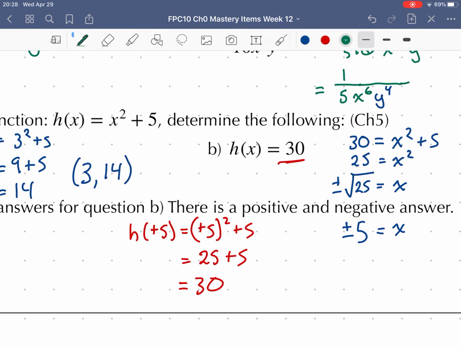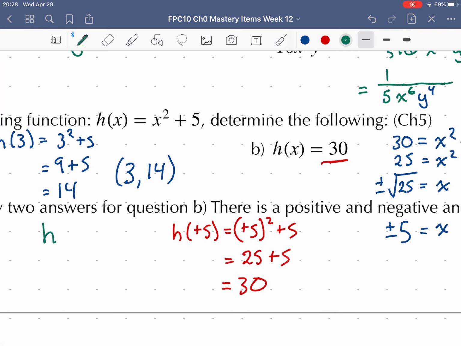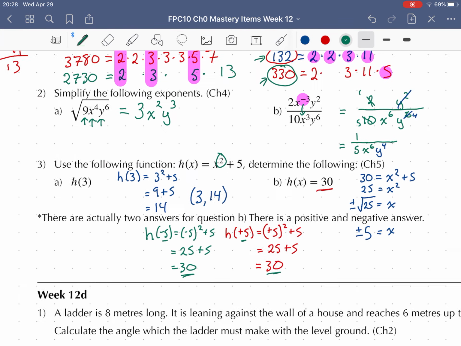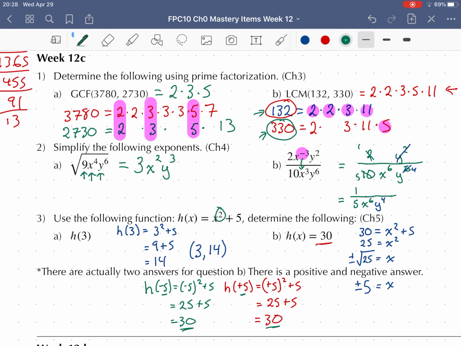I got my 30. Now, h evaluated at minus 5 is equal to minus 5 squared plus 5. Minus 5 squared is also 25, plus 5 is also equal to 30. So minus 5 will also give me 30, and plus 5 will also give me 30. That's why there's two answers to this. It's because it's a squared function.